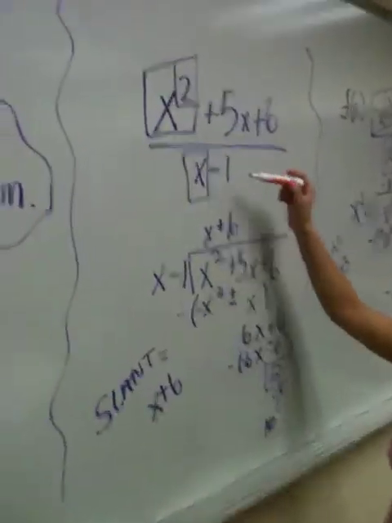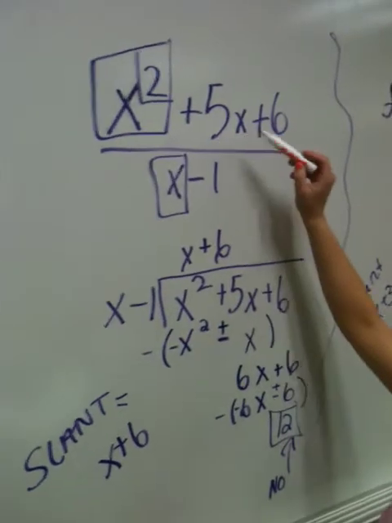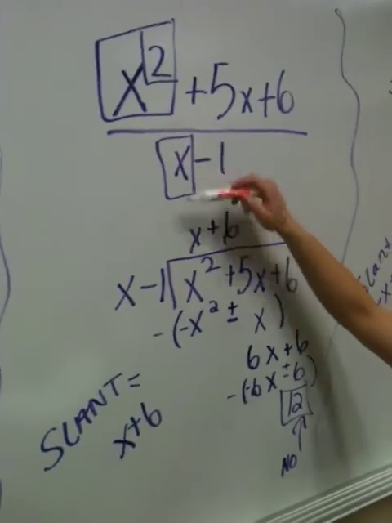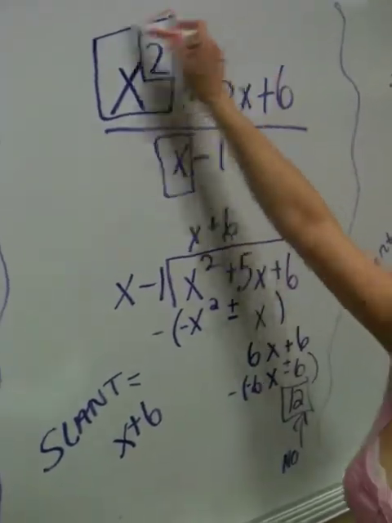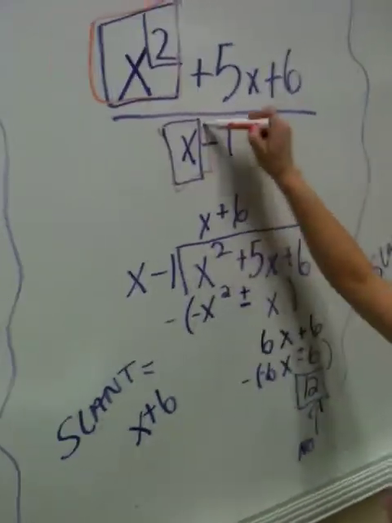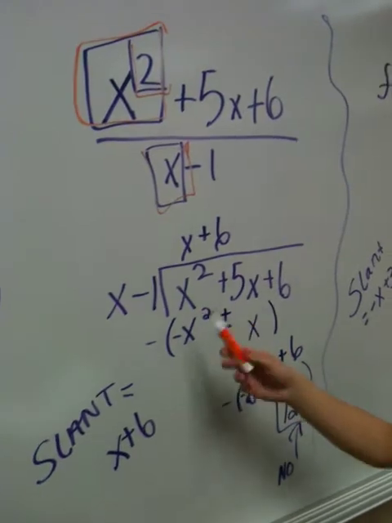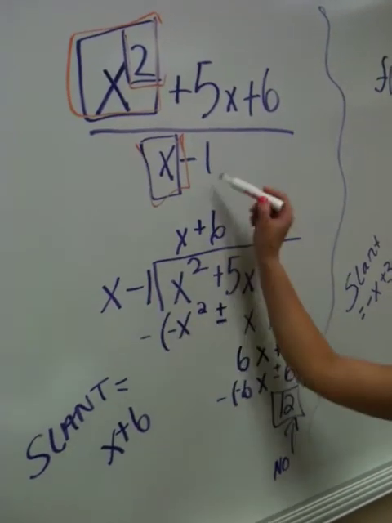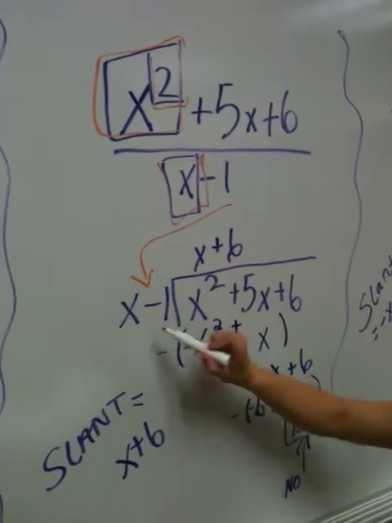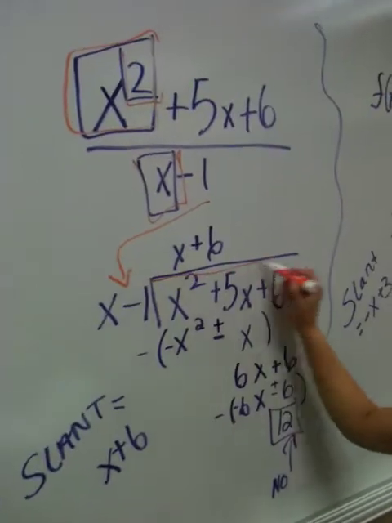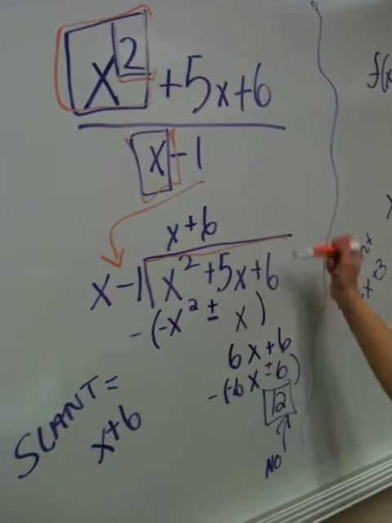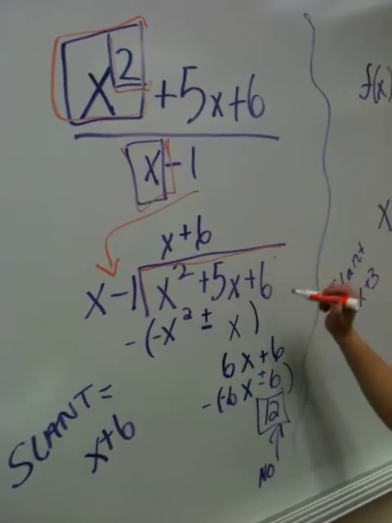So then the next one we see is x squared plus 5x plus 6 over x minus 1. And we know by looking at the exponents which is larger, and 2 is larger than 1. So again, we want to do the division. So we put x minus 1 there, and then x squared plus 5x plus 6 goes inside the box.